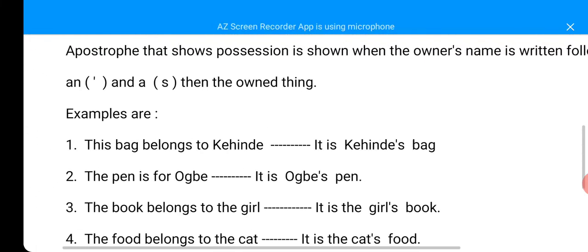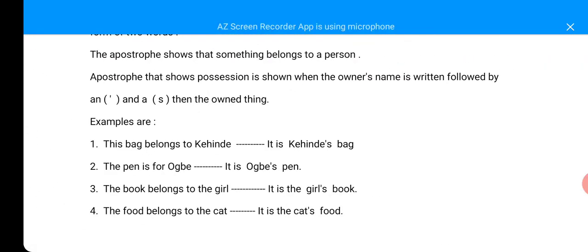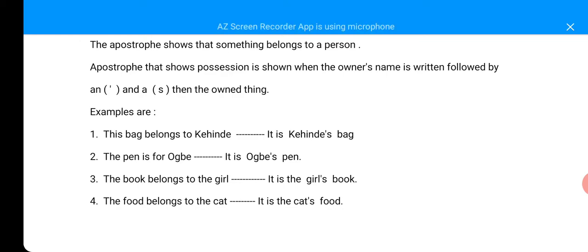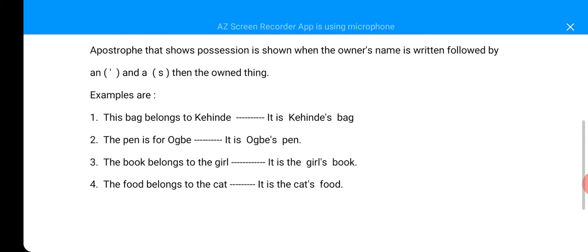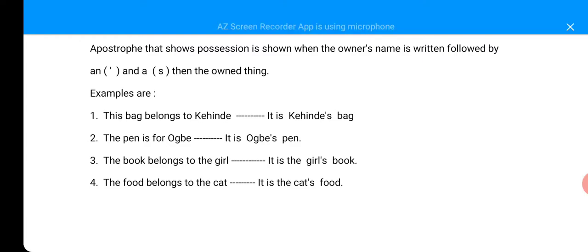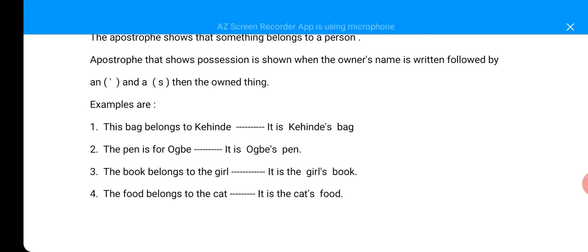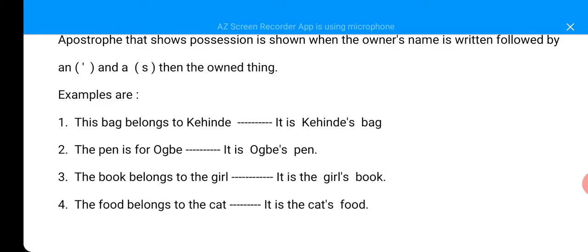What I'm trying to explain here is, if you want to show possession, the person's name will be written, then you have an apostrophe, then added by an S. Then you now write the owned thing, the thing that belongs to the person.